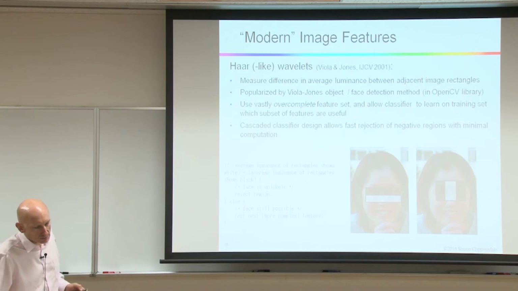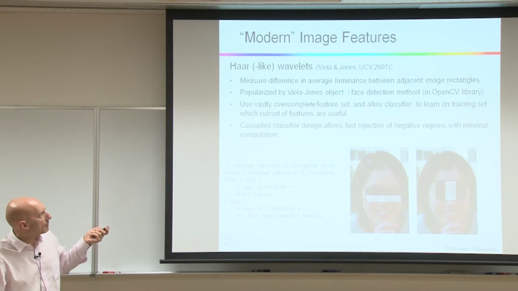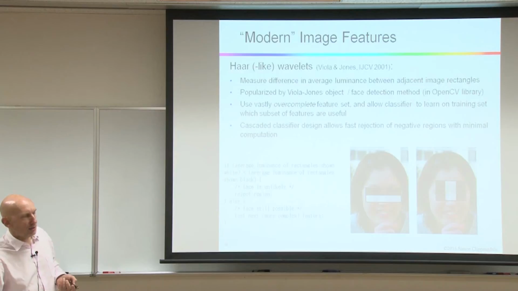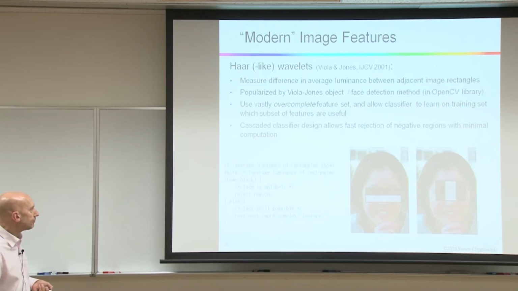We'll get around to that in the next lecture. So this was popularized by these Viola and Jones people. If anyone's used the OpenCV computer vision library, the face detector in there, and in a lot of point and click cameras and so on, uses essentially this method.